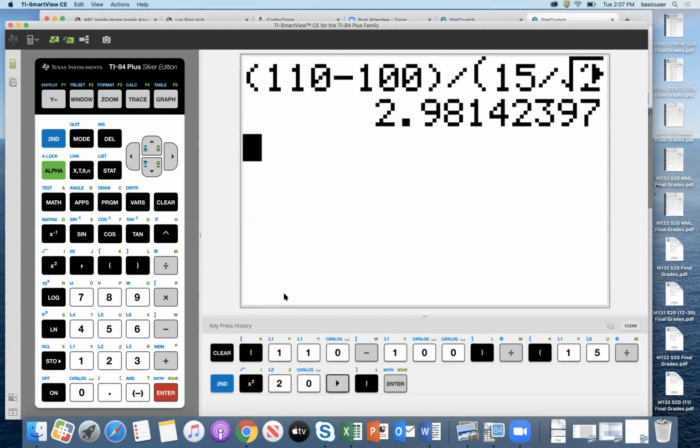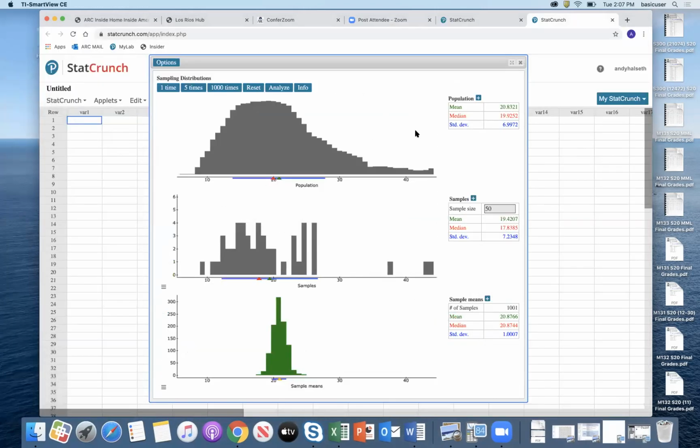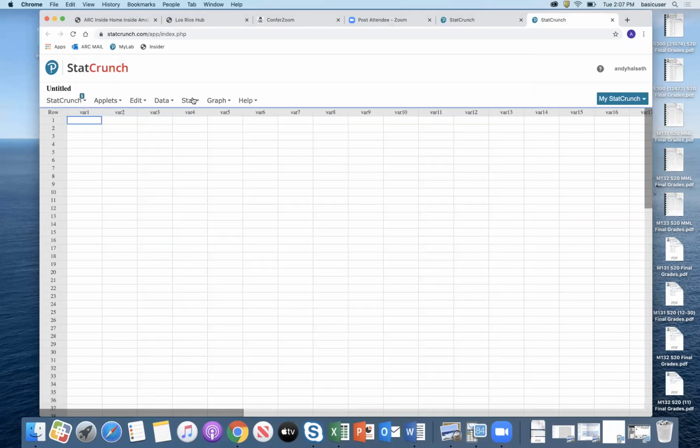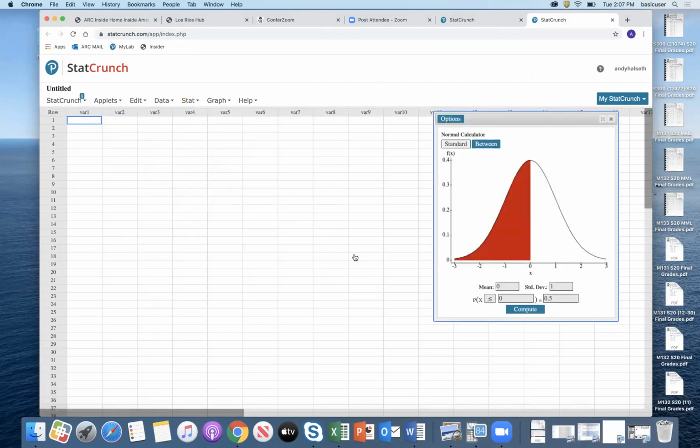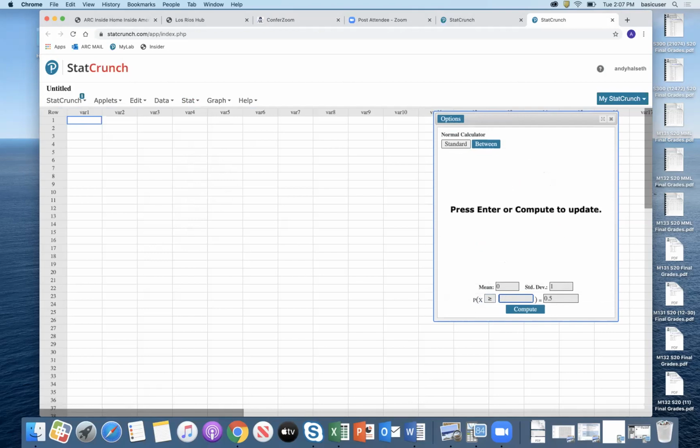Now I've got to convert that to an area under the standard normal distribution. So that's either table or StatCrunch. Personally, I prefer StatCrunch. So I'm going to go over here to StatCrunch and try it. Remember that's under stat, calculators, normal, greater than 2.98.